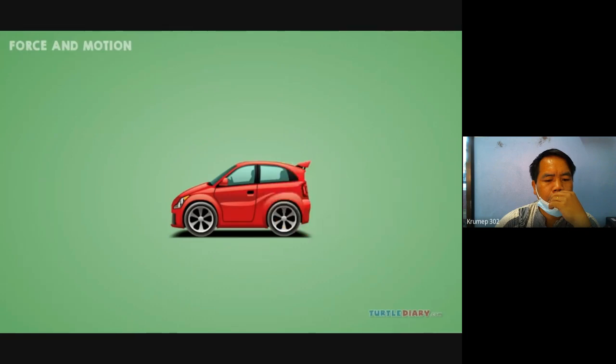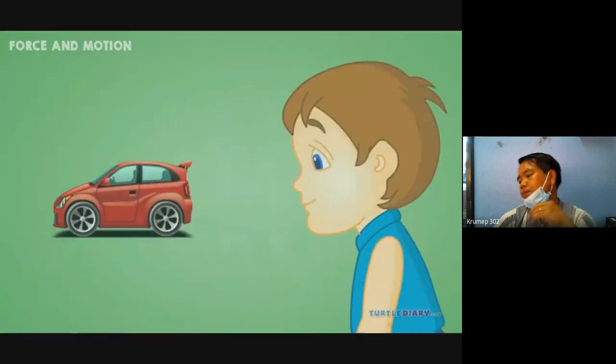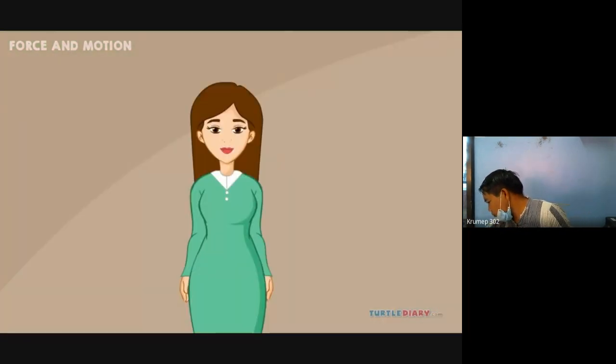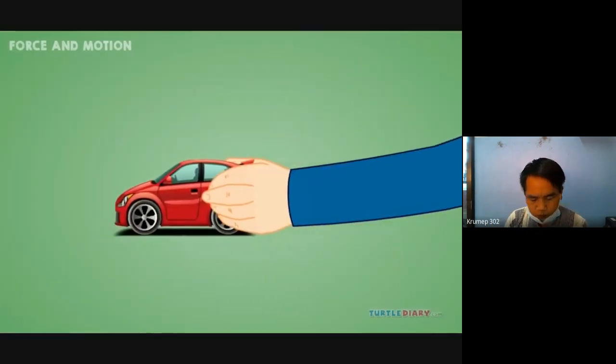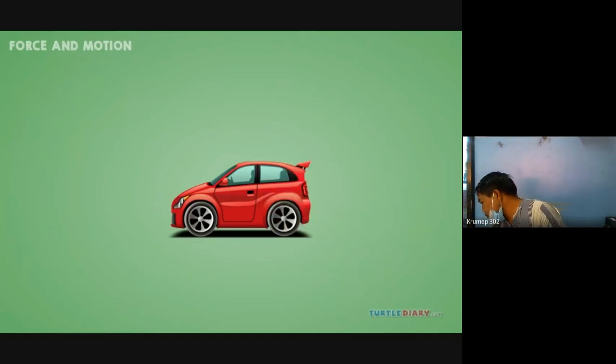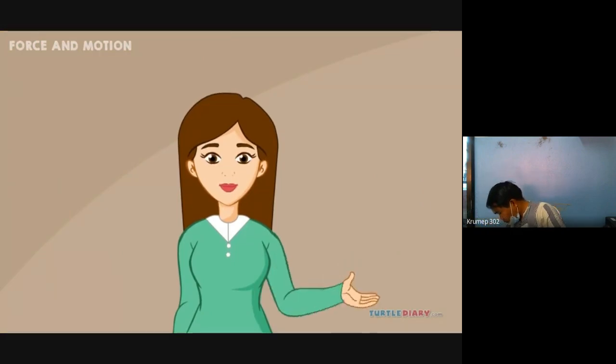You might hit it with another object, for example, a ball. You could even blow on it. There are many ways to get things to move. The push or pull that we use to make things move is called a force. A force is needed to make anything move.